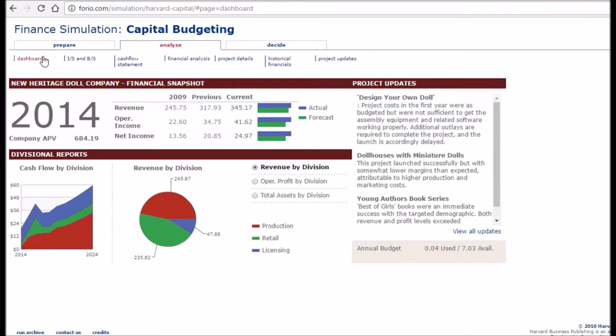It's really important that they look at the NPV, the IRR, the PI, and the payback period, just to make sure that they understand what their project is about and how it is going to affect their company in the long term. So after I studied these numbers and I studied the details, it eventually helped me reach this APV of 684.19. So I think that's it.